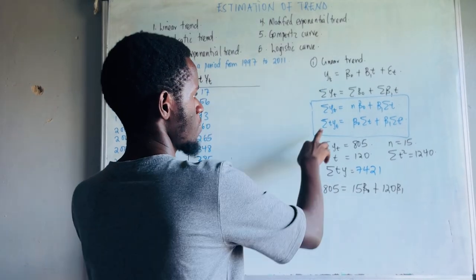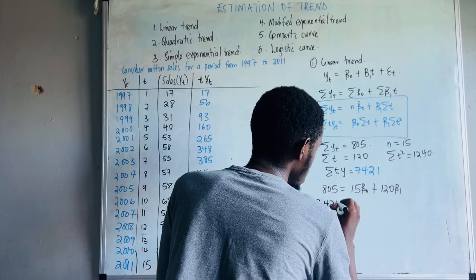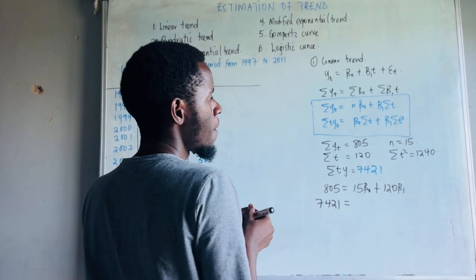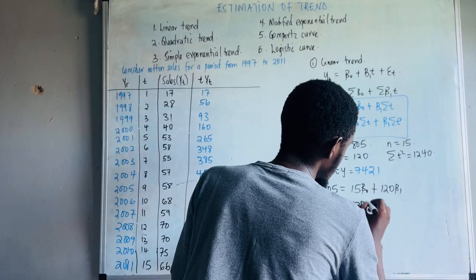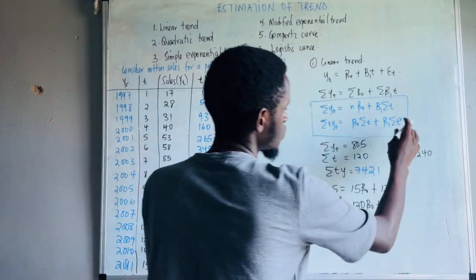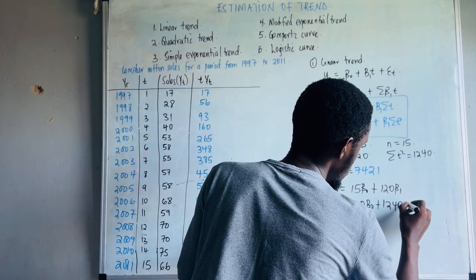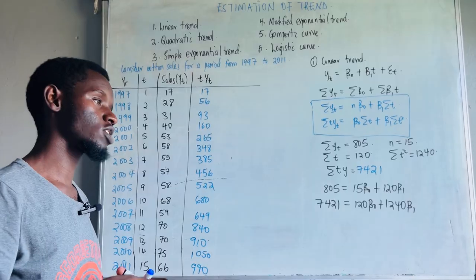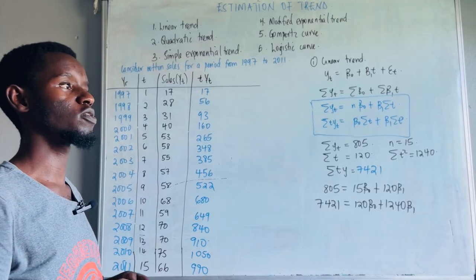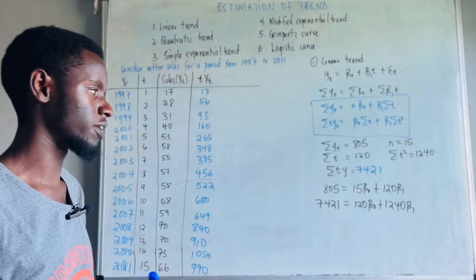And likewise we have summation ty, which is 7421, equal to summation t, which we have already as 120, b naught, plus summation of t squared, which we have as 1240, b1. With those two equations, I'll be able to find my beta naught and beta 1 by just solving this mathematical equation.